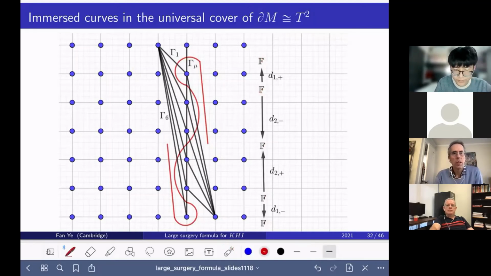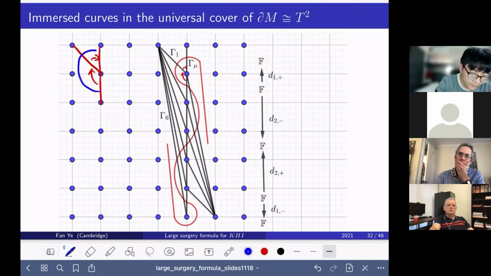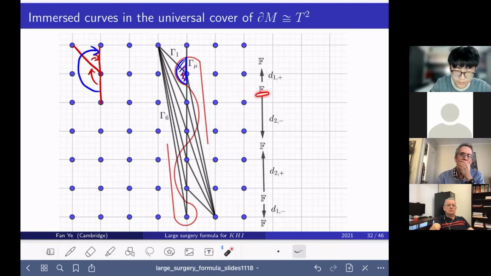And for D1 plus, we can consider the composition of this map and this map. So roughly it's this map and this map, and this will count this bigon here. This will count this bigon, which means we will get a differential from this generator to this generator.